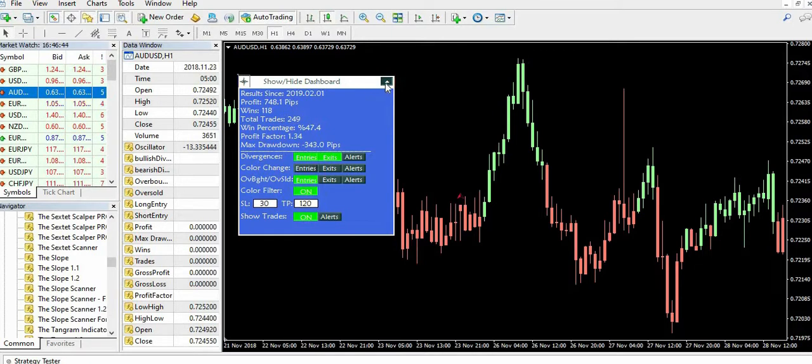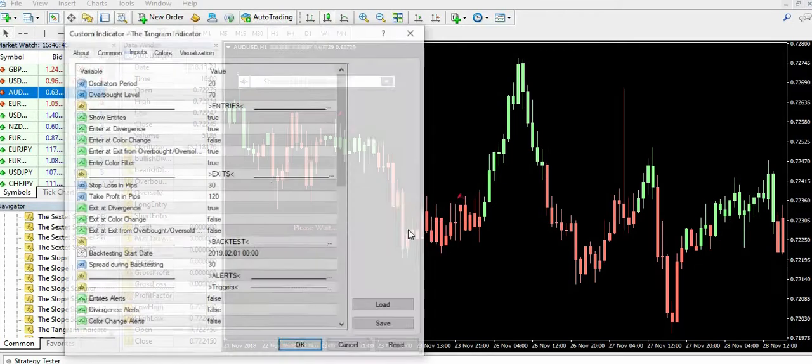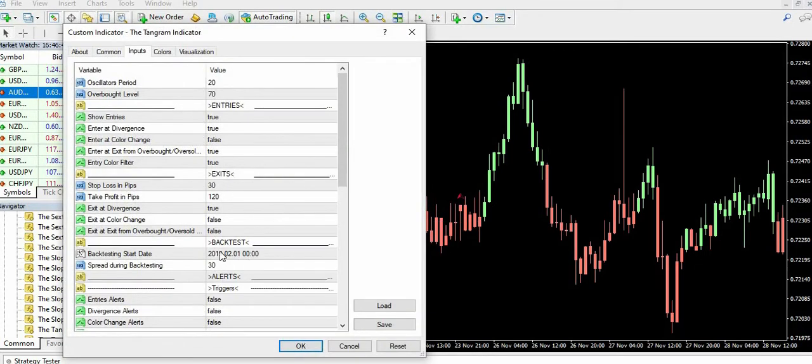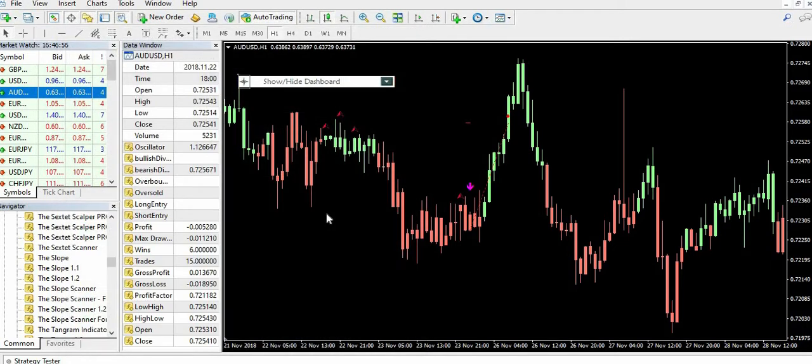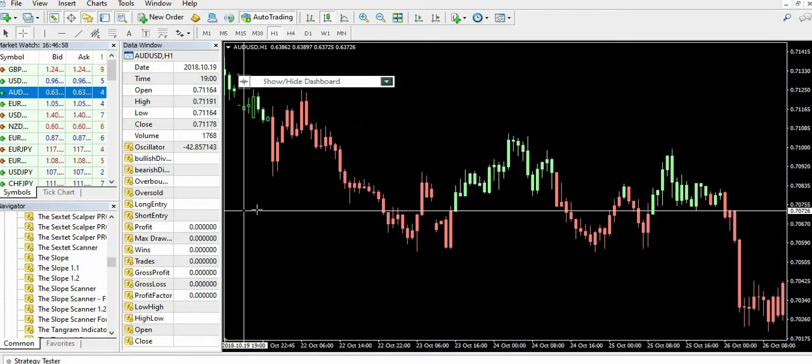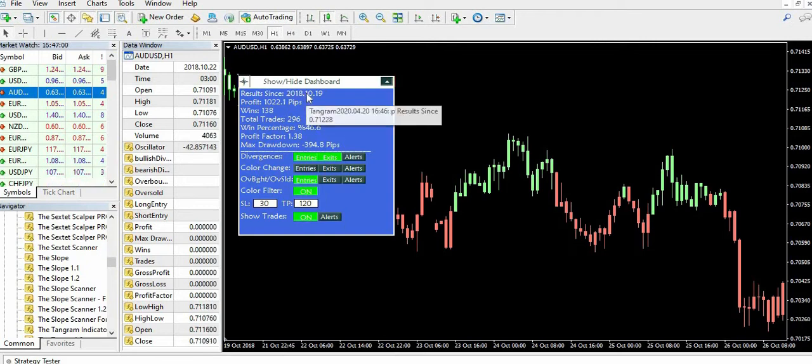Now, if you also set it to a date which is older than your oldest chart date, so let's say we put it to February 2017, which is older than what we could go back to here, we still get October 2018, which is this date here.